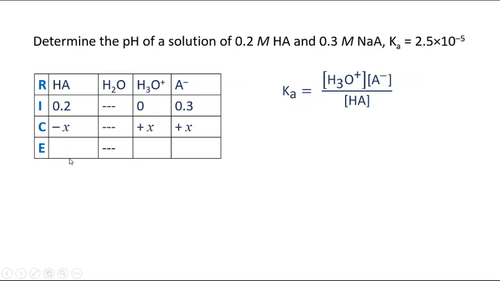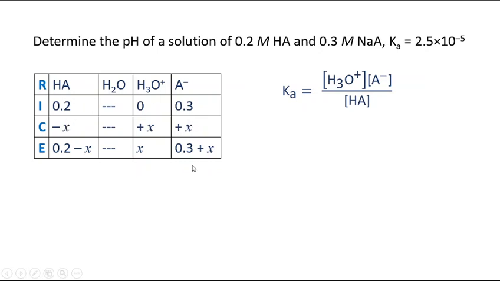And the equilibrium is still going to be your initial plus the change, so we know that our HA concentration at equilibrium is going to be 0.2 minus X. Our hydronium concentration is just going to begin at 0. It's going to change by whatever X is to equal X at the end. Our A minus is going to be our initial concentration plus whatever amount is going to break up from HA to produce A minus.